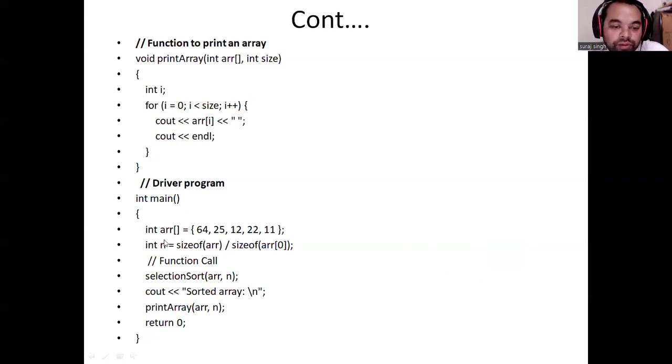Driver program: int main, with the array 64, 25, 12, 22, 11, and the size of the array n. Now the function selectionSort is called with the array and n, then print the array and return 0.